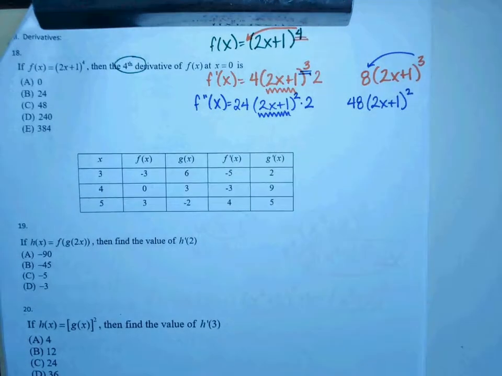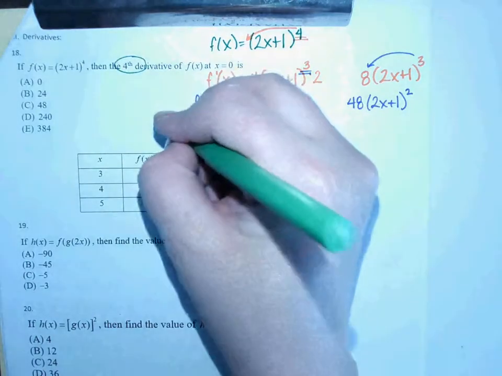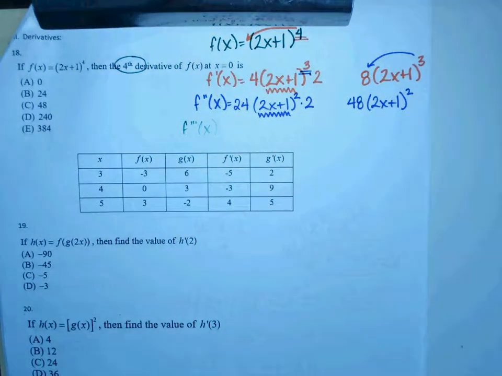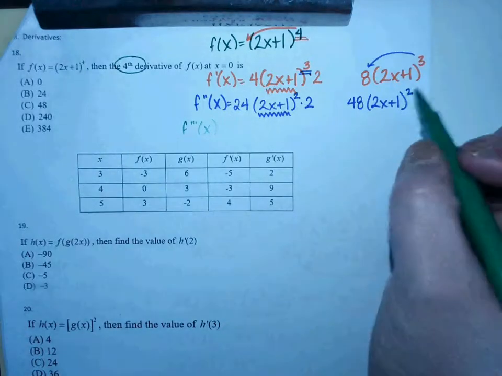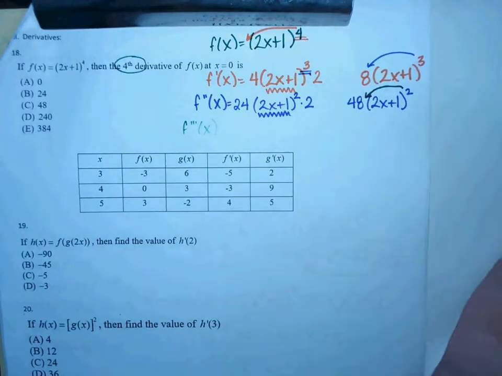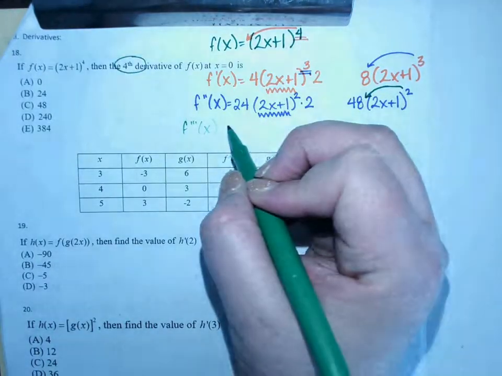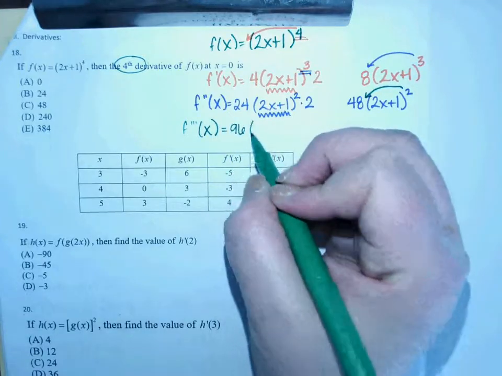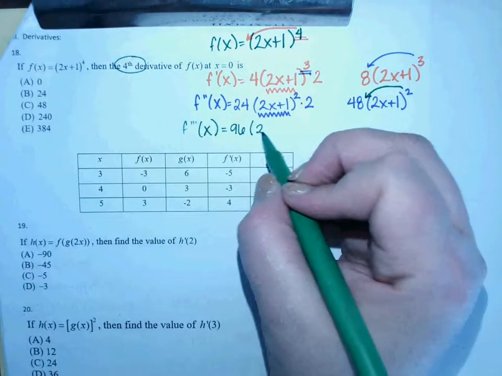Okay, remember, we need the fourth derivative, so we're not done. Taking the derivative again, f triple prime. Okay, I'm going to take my 2 from the top. I'm going to times it down on my 48. 48 times 2, that's going to give me 96 in the front. Then my 2x plus 1 is still my core.